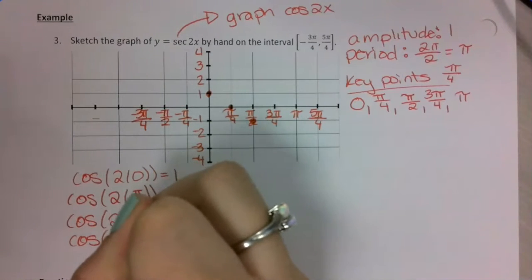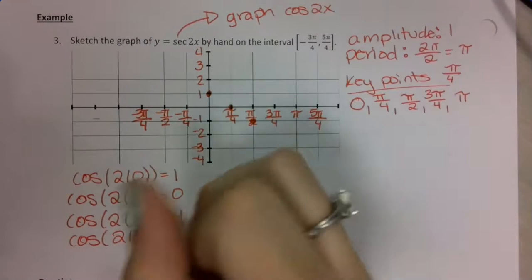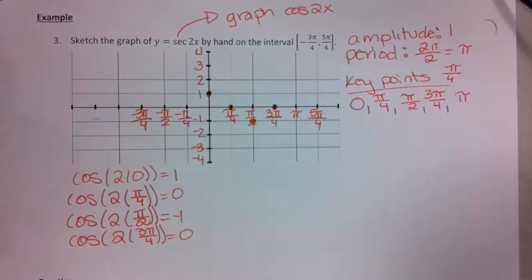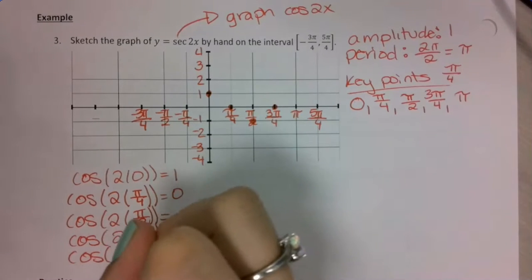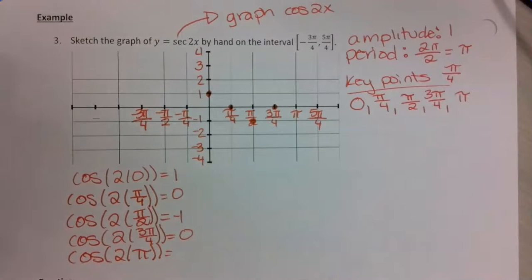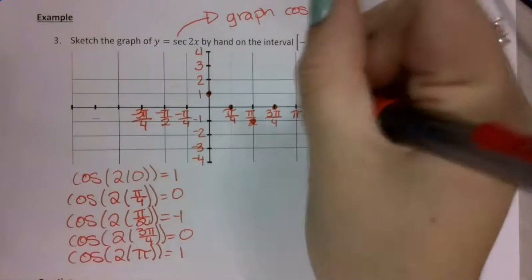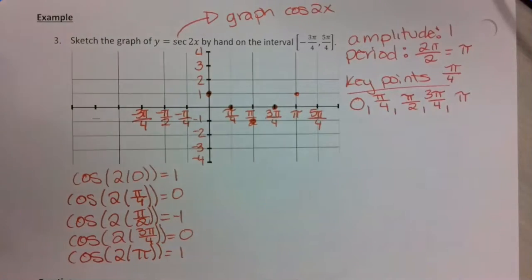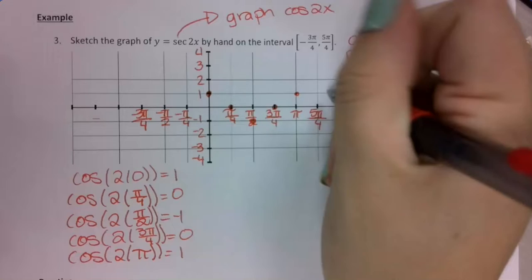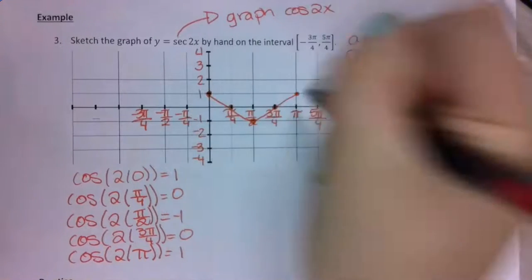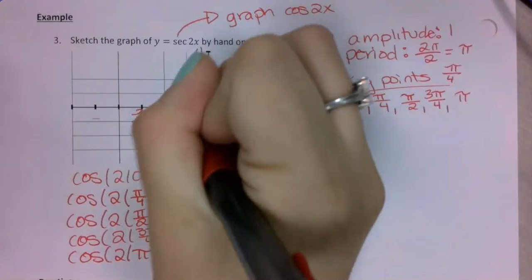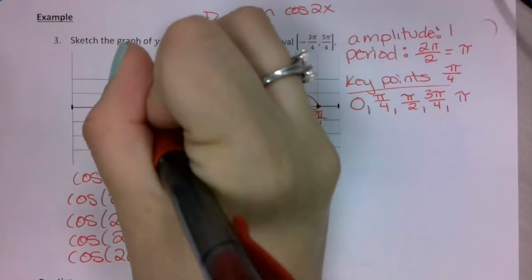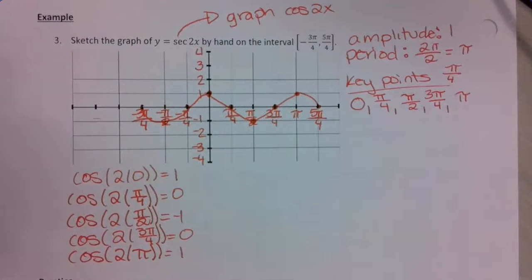Then 3/4, and pi. 1. Then I just want to extend to my interval. Actually, let me connect these points first. Going to 5/4, 5 pi fourths would go back down to 0. Then I just want to move this over to the left. Ideally, your curve should be curvier than mine.